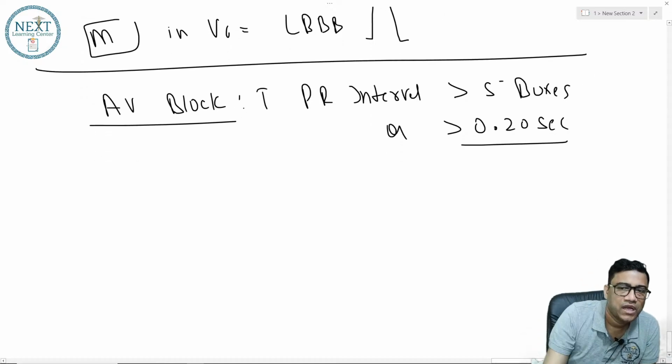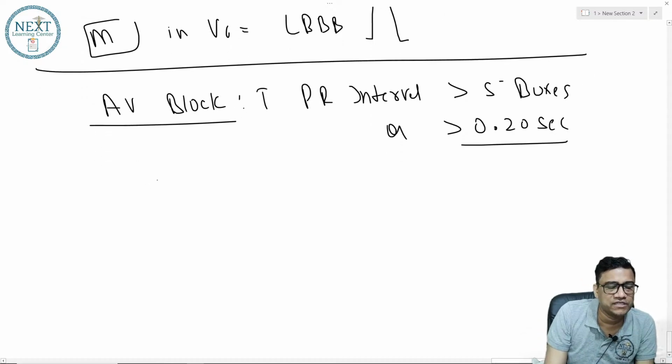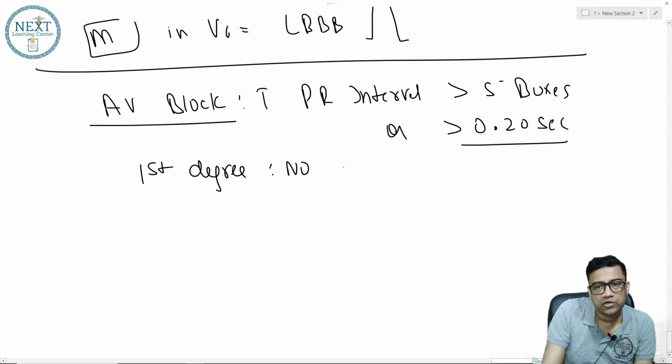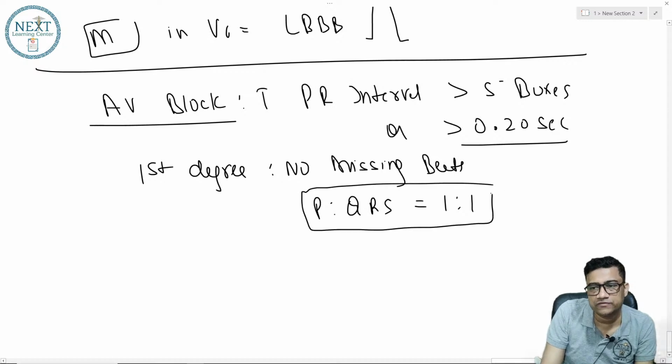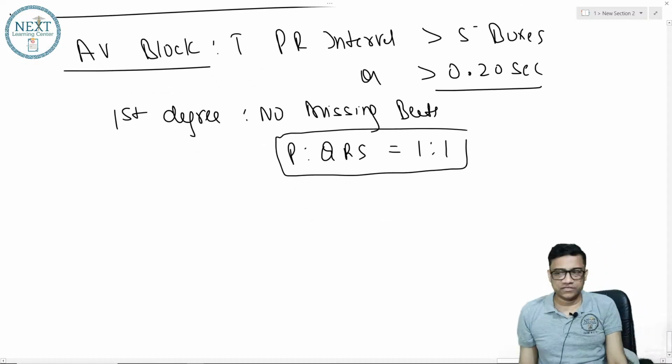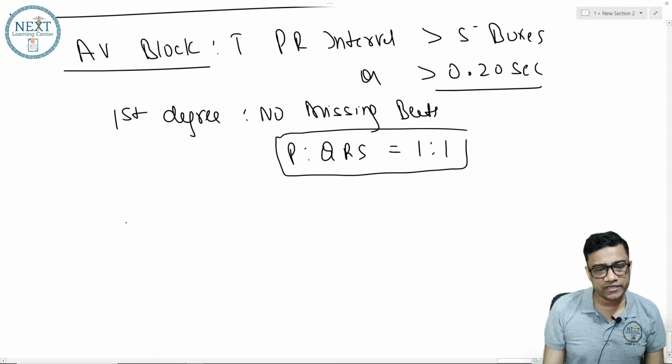Remember, in first degree there is no dropping of the beat. First degree, no missing beats. P to QRS is 1:1. That is called first degree. Second degree, there are missing beats.